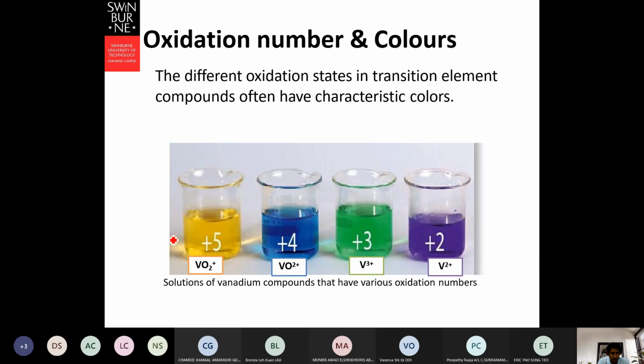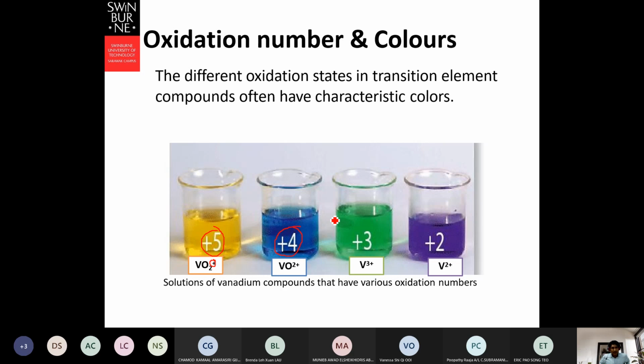This is vanadium dioxide, which has +5 oxidation state and exhibits yellow color. Vanadium oxide, that is +4, shows blue color, and so on, green and purple.